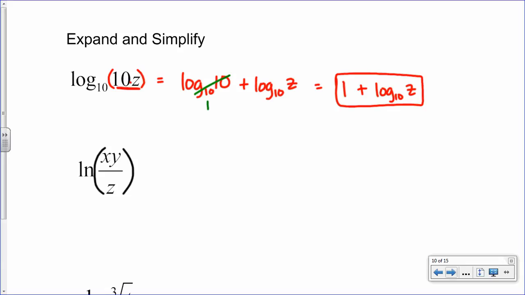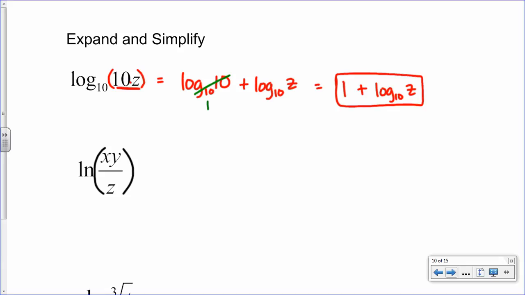In this one, I have 3 different variables I'm taking the log of. On the top, what operation is between x and y? Okay, multiplication. So when I expand, what operation would I use? Addition. Okay, what about this z? Right now it's division, but when I expand, it will be subtraction.